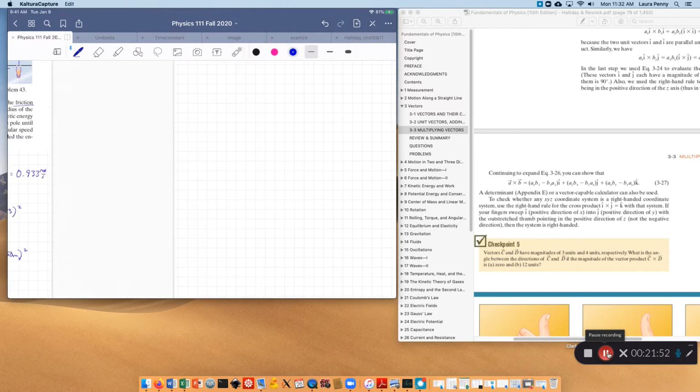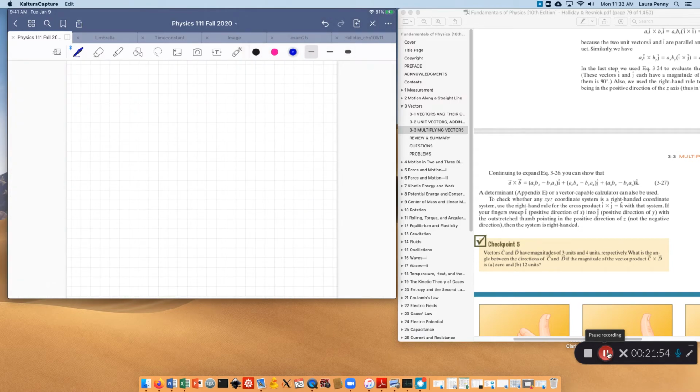That has to equal my final angular momentum, which is I final omega final. That also has to equal 209.9 kilogram meters squared per second. I final, so I need to recalculate this, is going to be M1 R1 squared plus M2 R2 squared, where these are the final R's.